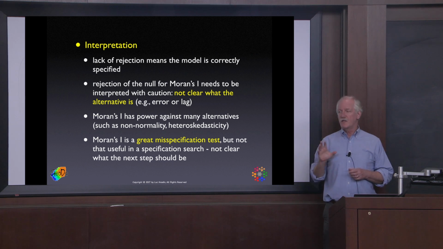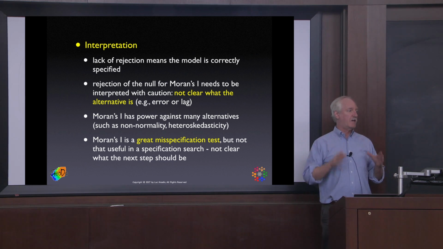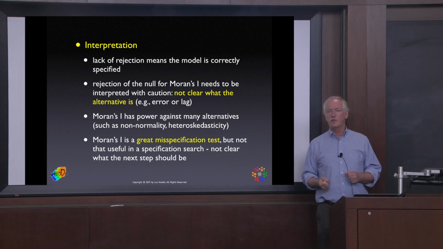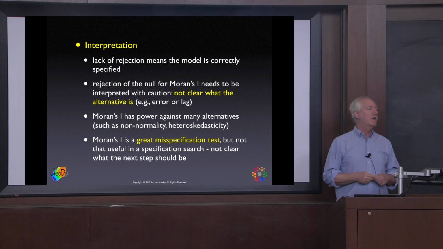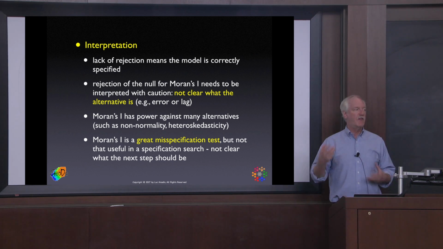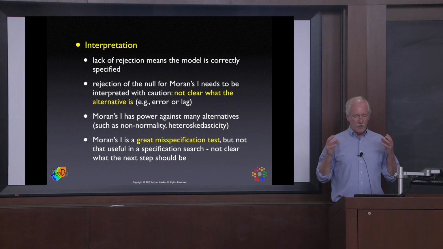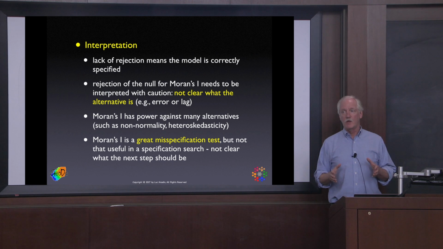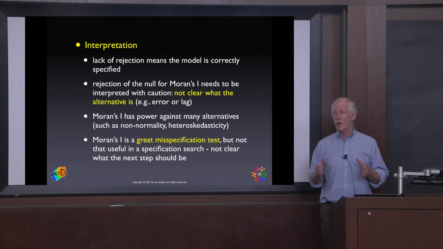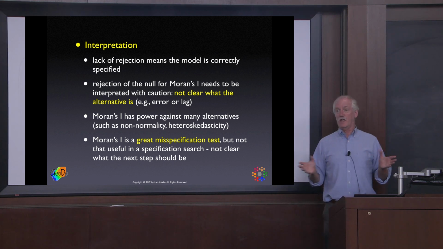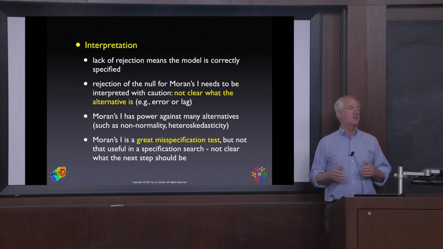It means that there is spatial autocorrelation of some form. What form is not clear, because the statistic has power against such a range of alternatives that it could be an error alternative, it could be a lag alternative, it could be a combination of that with some other misspecification. So if you reject the null in Moran's I, you're not out of the woods yet. You basically know you have a problem. You do not know much about what this problem might be. On the other hand, if you do not reject the null, you're in great shape.